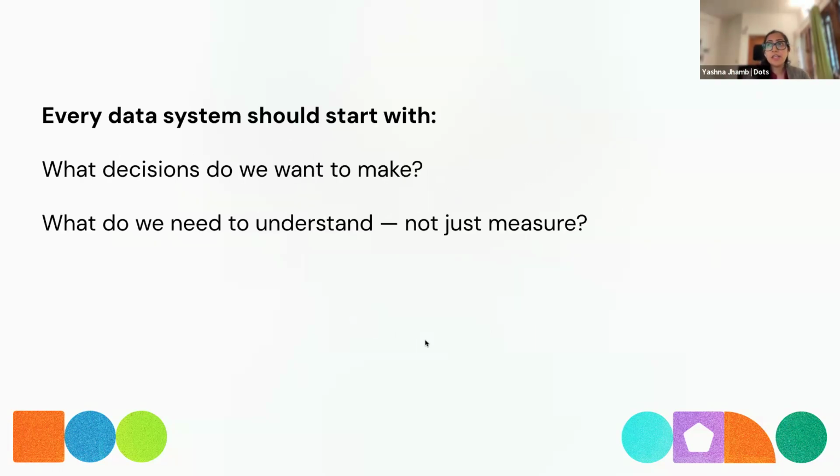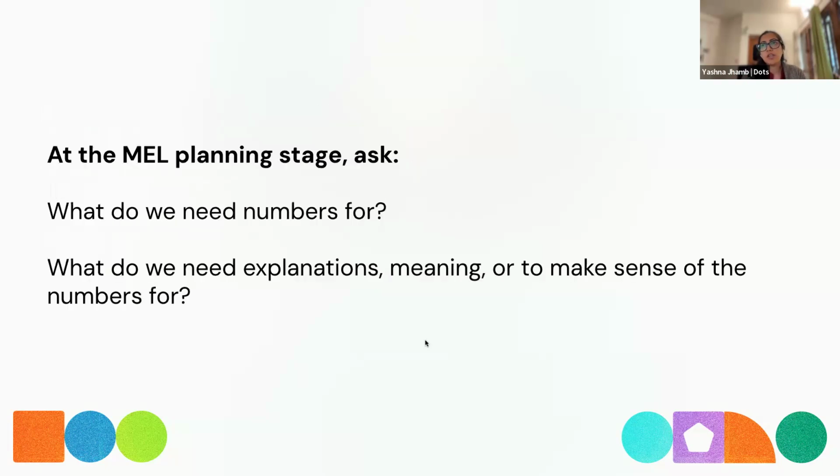Every data system should start with what decisions we want to make. I feel this group already knows this, but what we need to understand, not just measure, is extremely important. In the MEL planning stage: what do we need numbers for? What do we need explanations, meanings, or sense-making of numbers for?